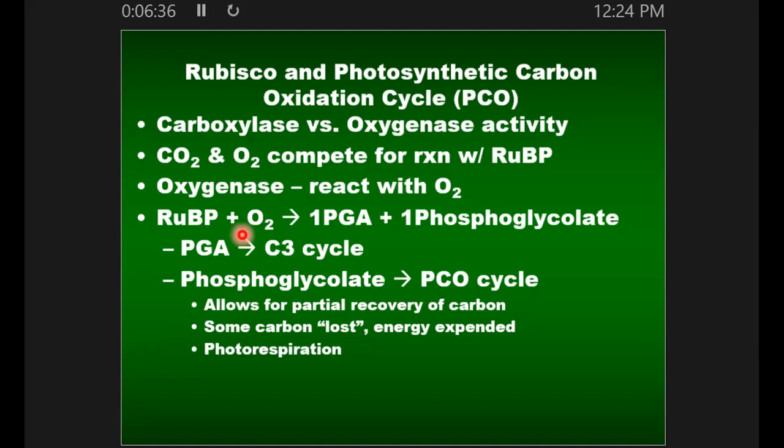Calvin cycle doesn't deal with phosphoglycolate. It just doesn't have any way to plug it in to the cycle. And so the plants have evolved this pretty complicated mechanism in order to deal with phosphoglycolate and try to get something good out of it, which would be another PGA. If they can take that phosphoglycolate and run some reactions and end up with PGA, that's good. PGA can get right into the Calvin cycle.